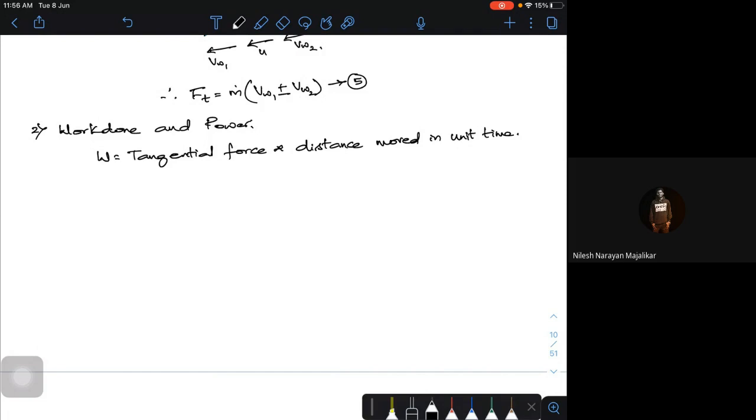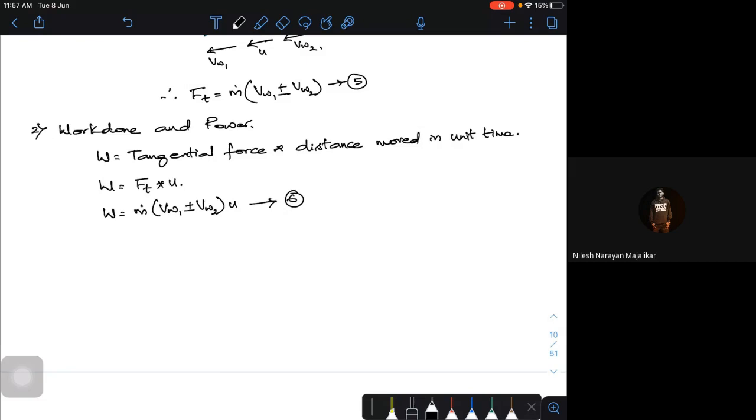So in case of your turbo machines, this is nothing but your tangential force, just now we defined, into U. Therefore, your work done is equal to m dot into (VW1 plus or minus VW2) into U. I'm calling this equation number 6. So this is the work done.